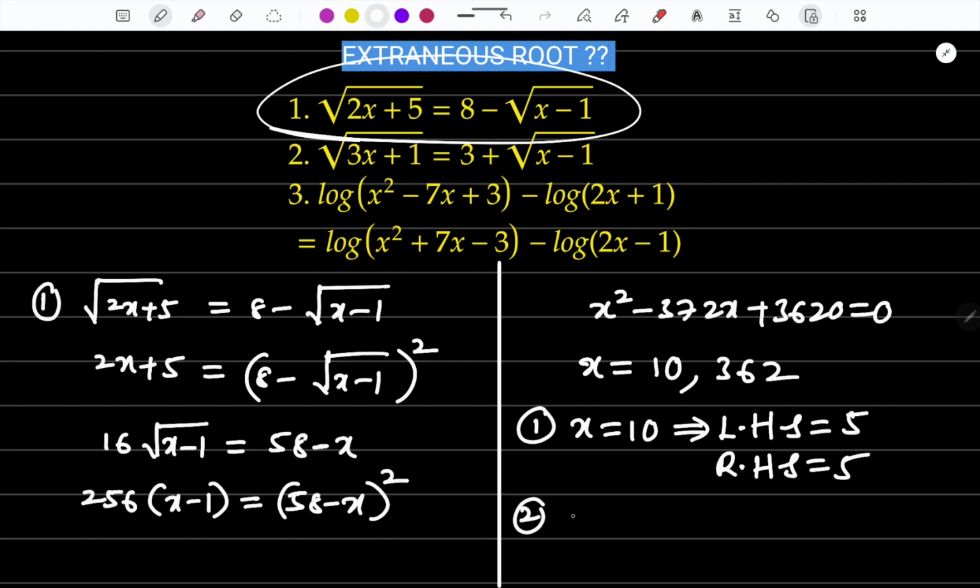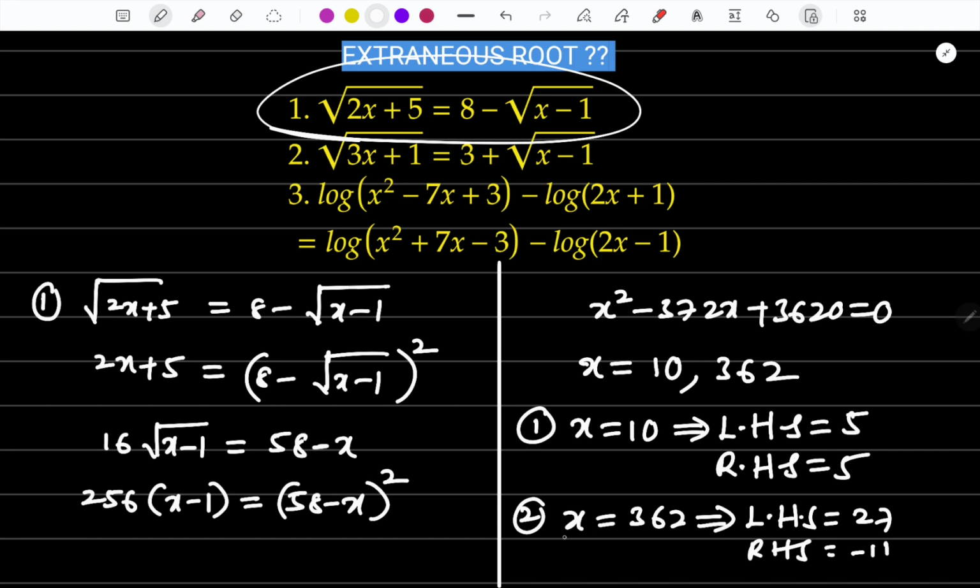Now let us check x equals 362 and observe the LHS and RHS. You will get the LHS as 27 and the RHS as minus 11. Here the LHS and RHS are different.